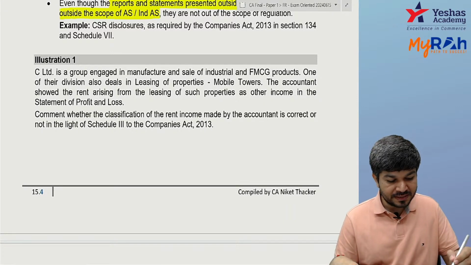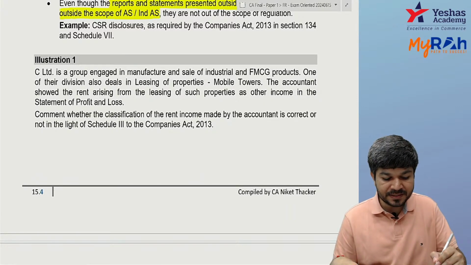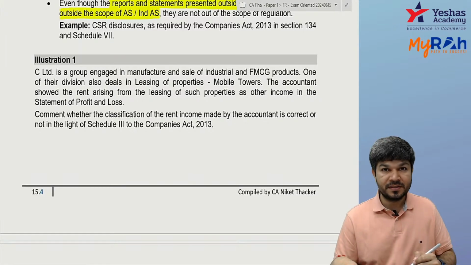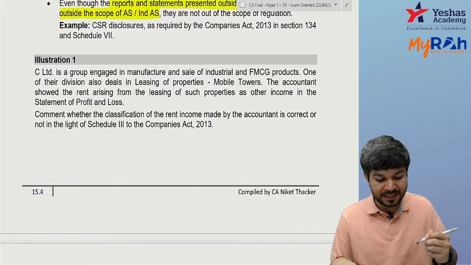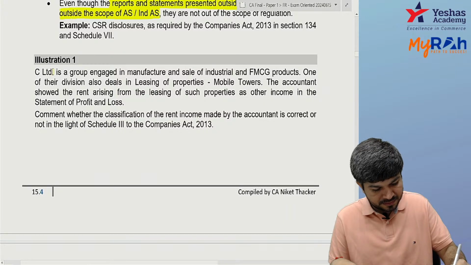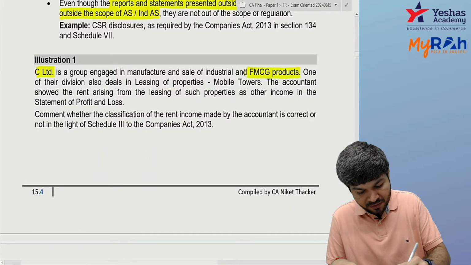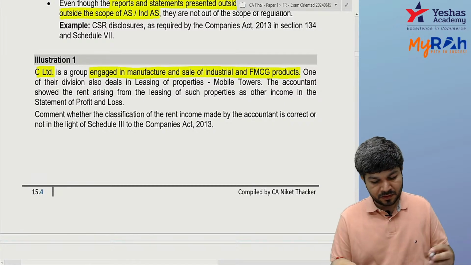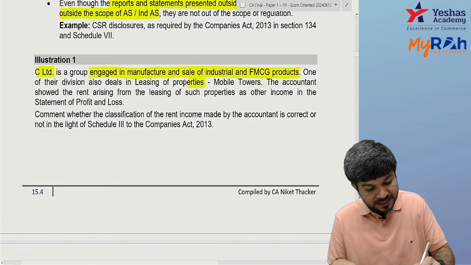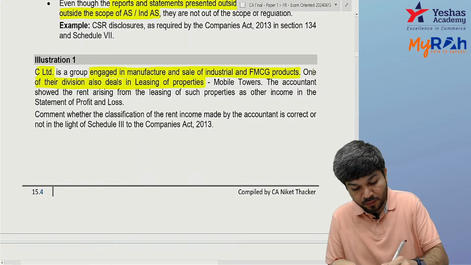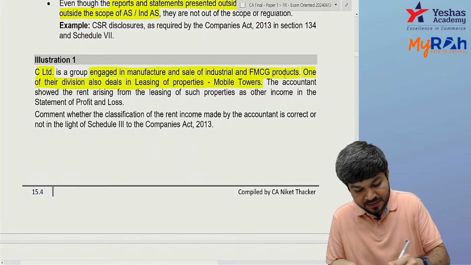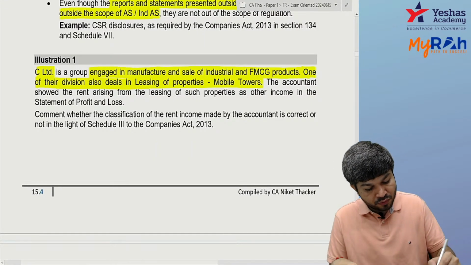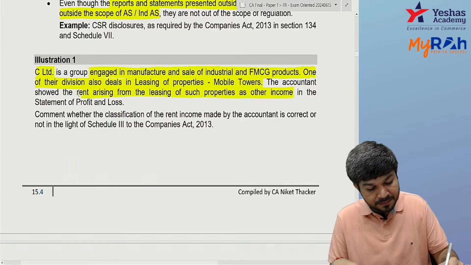Question number 1. C Limited is a group engaged in manufacture and sale of industrial and FMCG products. One of the divisions deals in leasing of property, and the accountant showed that leasing income as other income.